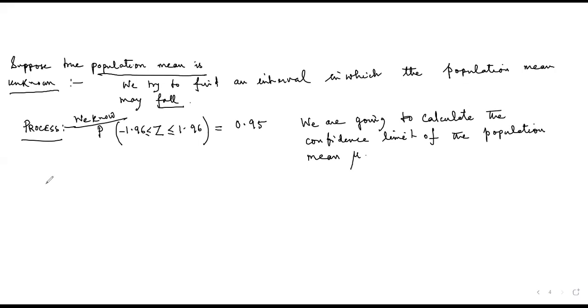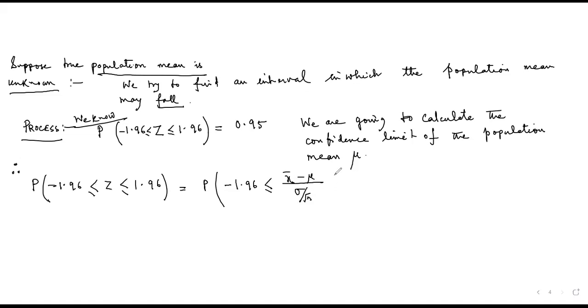So how can I do this? The limit will be calculated in the following manner. We know that Z has to fall between minus 1.96 and plus 1.96. But what is Z? Our Z in this case is x bar minus mu by sigma by root n.